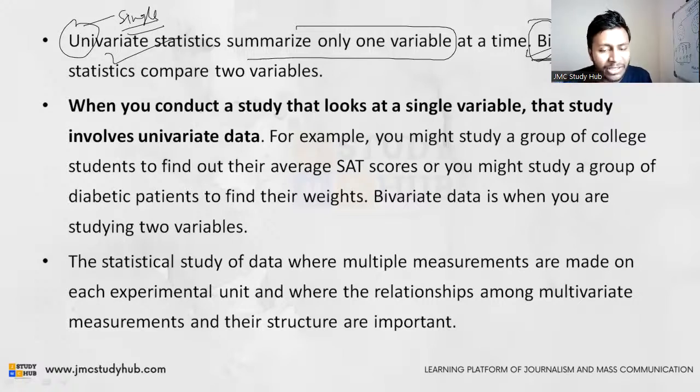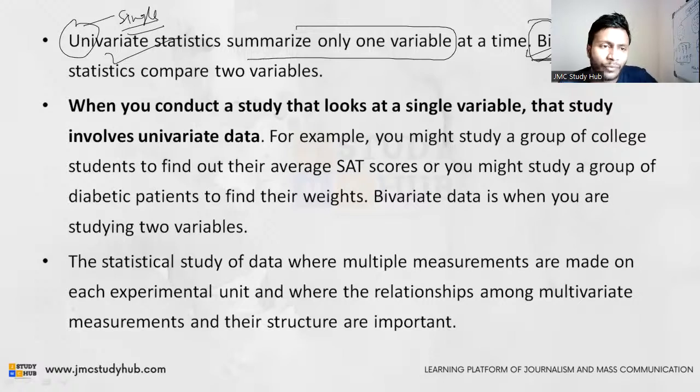This is the only difference. There is no such complexity: univariate, bivariate, and multivariate. Variate, that is variable analysis, on the one variable. Variable analysis on the two variables. Variable analysis on more than two variables. This is the difference among the univariate, bivariate, and multivariate.